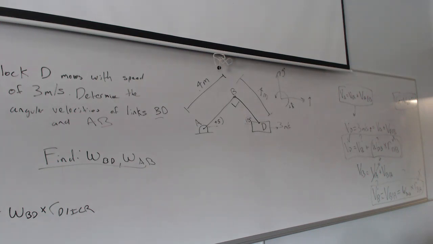By definition, this is 0. The velocity of the instantaneous center of rotation is always 0. Looking at this, the instantaneous center of rotation is my finger. It's always 0. It's rotating about that.